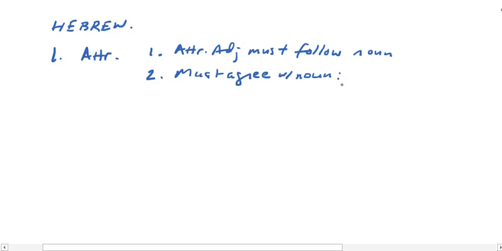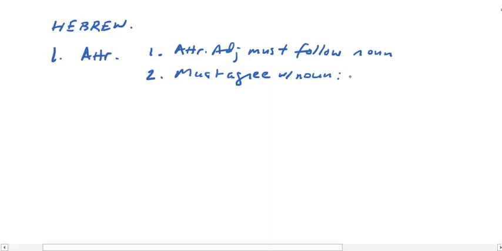Now, if you're taking Greek, the trifecta is always case, gender, and number. But in Hebrew, we don't have case. So let me never hear you say case, gender, and number in this class. Okay? In Greek, adjectives have to agree with their nouns in case, gender, and number.